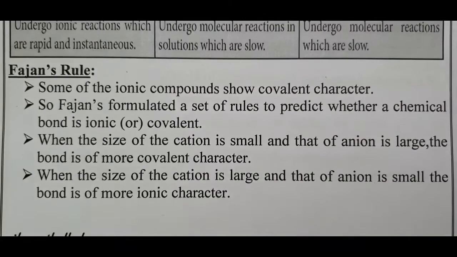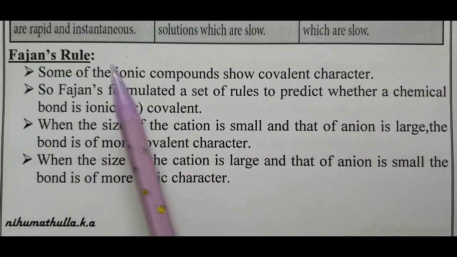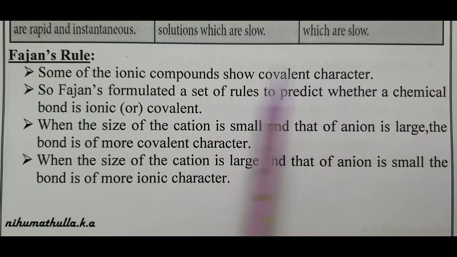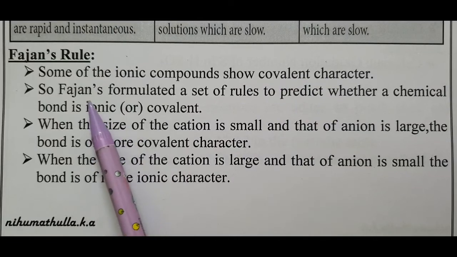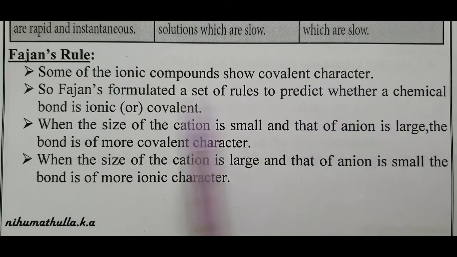Fajan's rule. Under chemical bonding, this is a very important heading. Some of the ionic compounds show covalent character. So Fajan formulated a set of rules to predict whether a chemical bond is ionic or covalent.